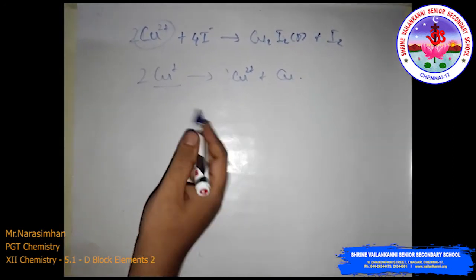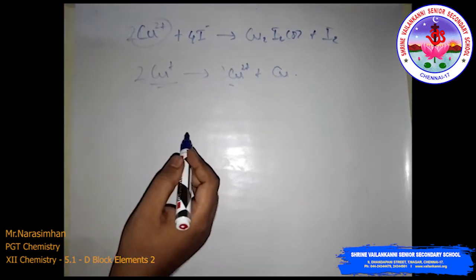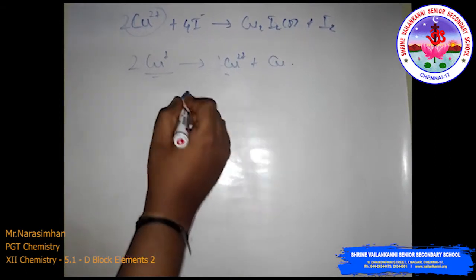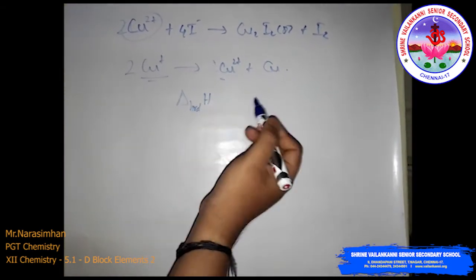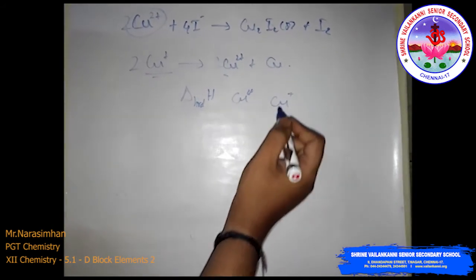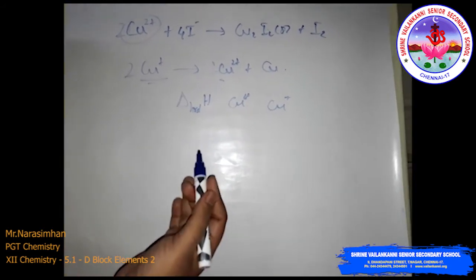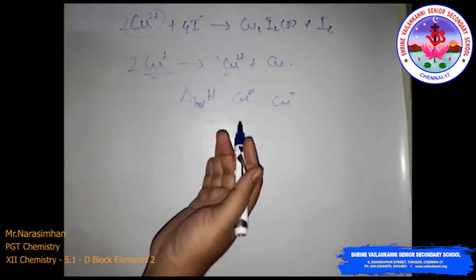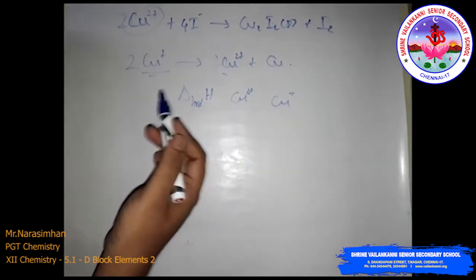So the stability of Cu2+ aqueous rather than Cu+ aqueous is due to the much more negative hydration enthalpy of Cu2+ than Cu+, which more than compensates for the second ionization enthalpy of copper. The ability of oxygen to stabilize the highest oxidation state is demonstrated in the oxides.